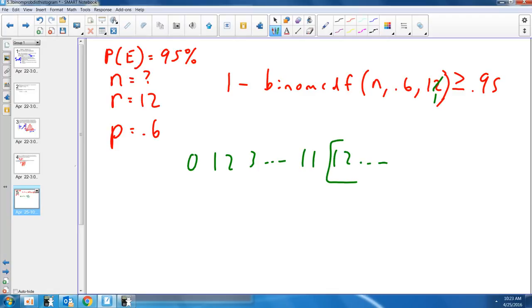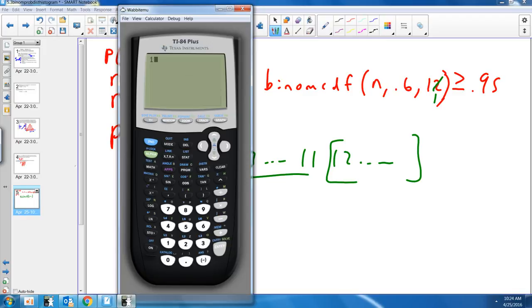These are my two groups. I want to subtract off 0 through 11. So that's that cumulative 0 to 11. Back to this: 1 minus binomial cumulative, number of trials.